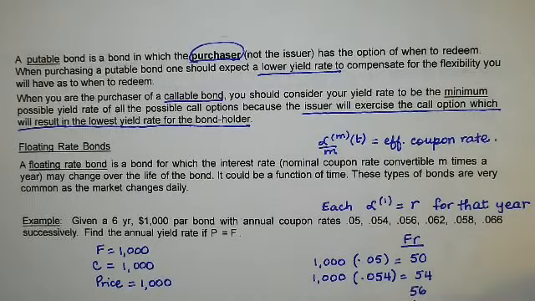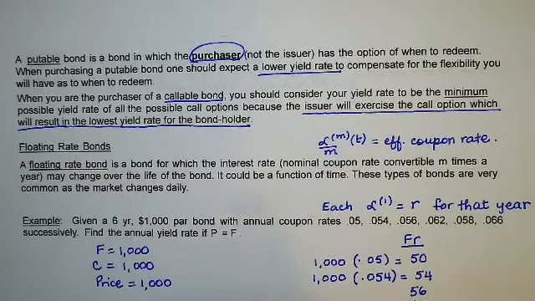And the question says find the annual yield. So let's set up our price equation. Price is equal to all the different coupons discounted, meaning present value of all the different coupons.